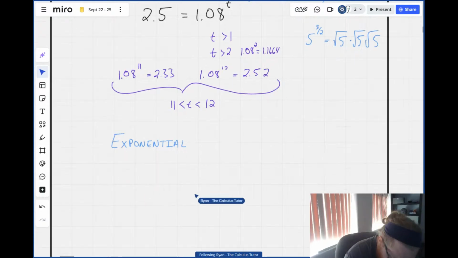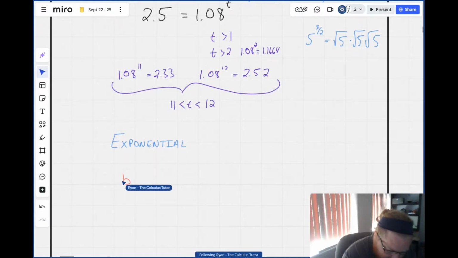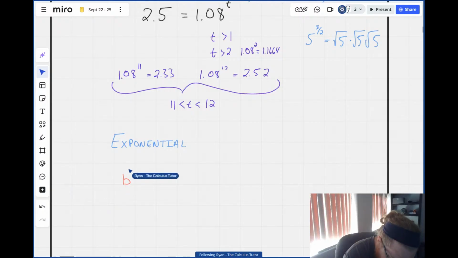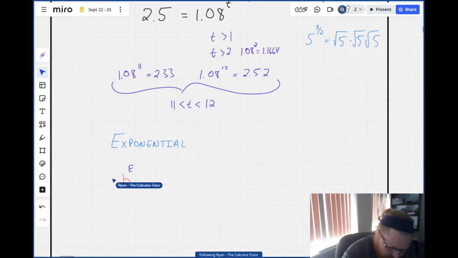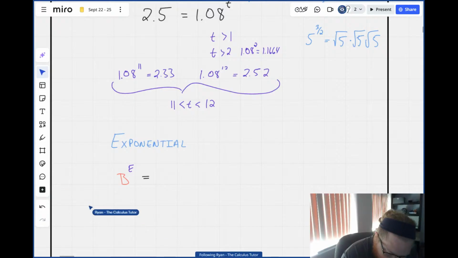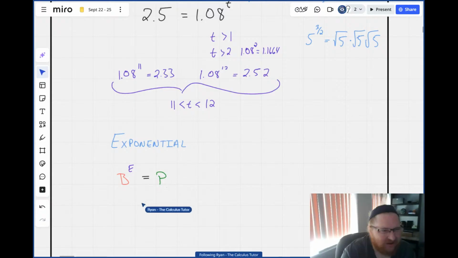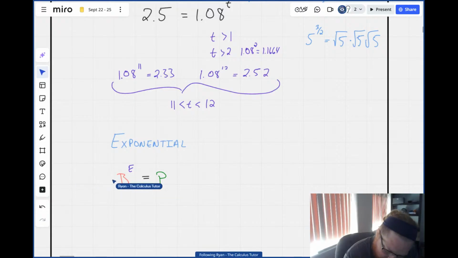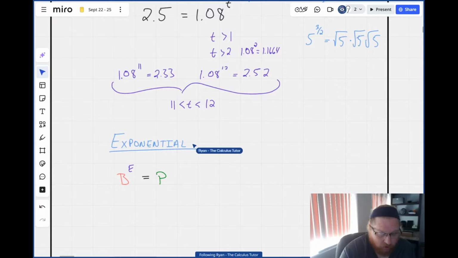You have some base value that I'm going to call B, raised to some exponent that I'm going to call E. Actually, let's work with all capitals here. And then it's equal to some other value, I'm just going to call that P, for product. I don't remember what you call the result of exponentiation. I'm sure it has a name. Okay, this is one form.